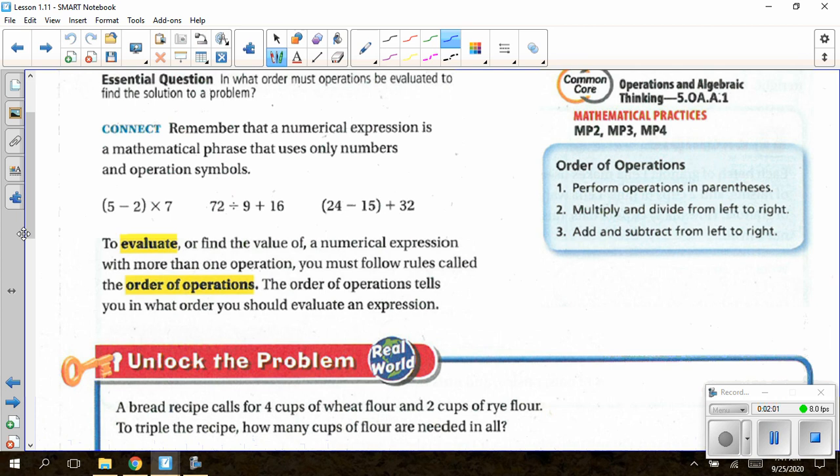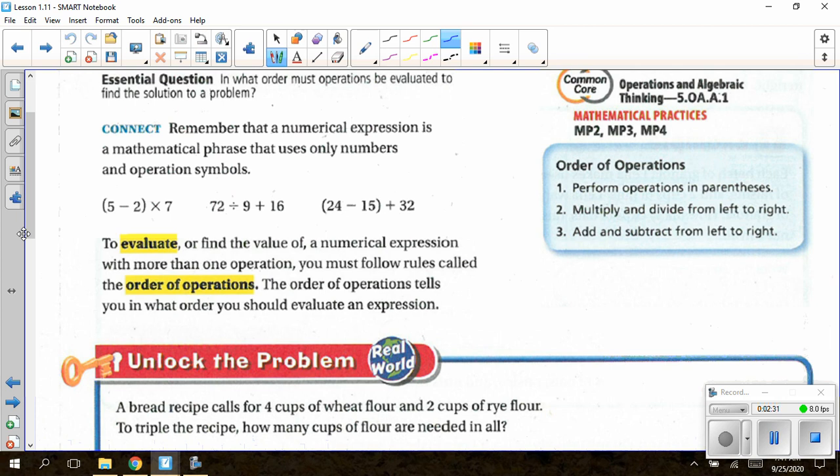Step 2 is to multiply and divide from left to right. That means you can multiply first or divide first, whichever one comes first in your expression going from left to right. There are times where you have to divide before you can multiply. And step 3, add and subtract from left to right, which again, you can subtract before you add. Whichever one comes first is what you need to do.